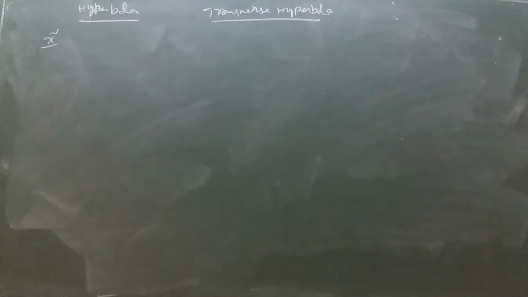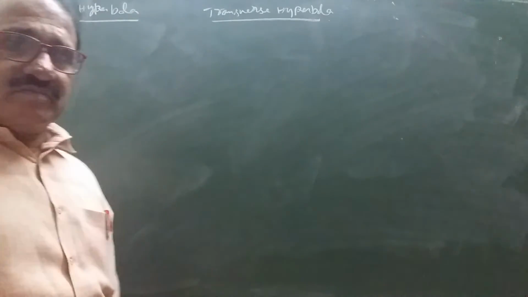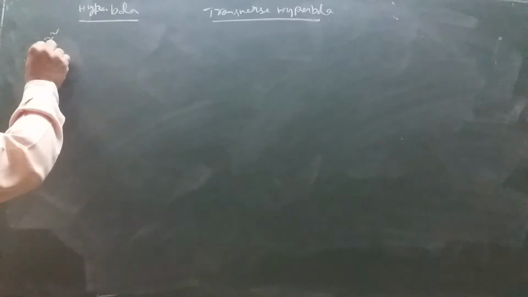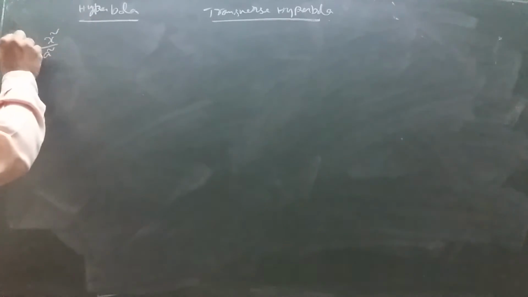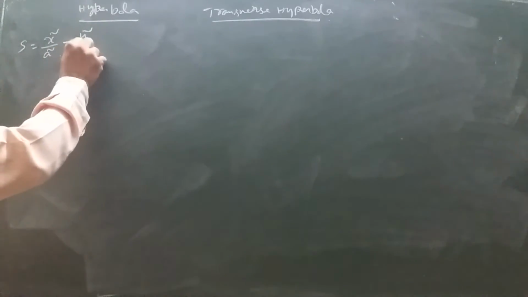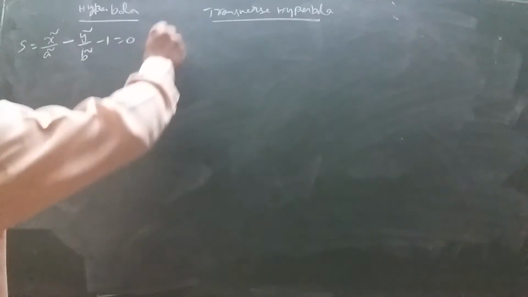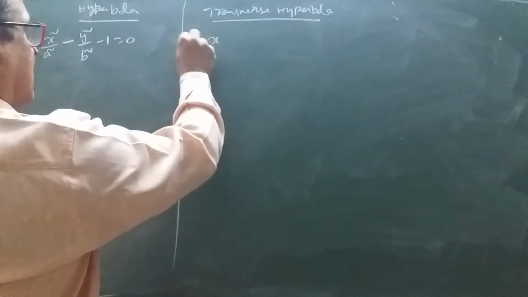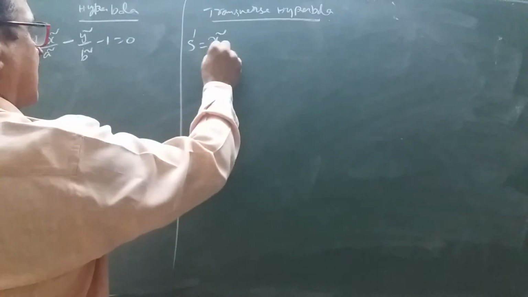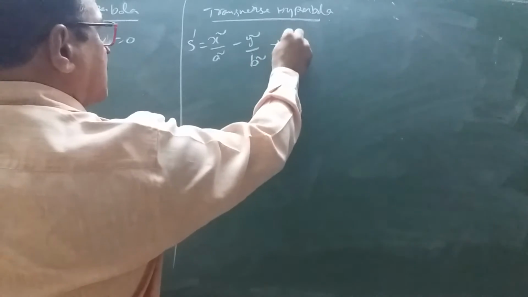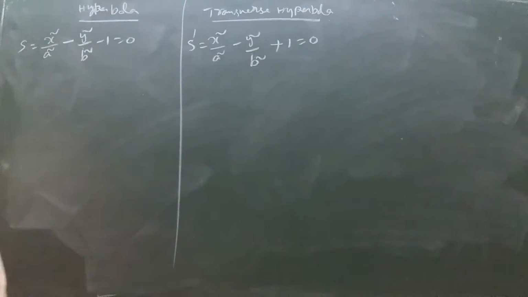Now we have to compare the hyperbola with the conjugate hyperbola. The equation of the hyperbola may be S is equal to x square by a square minus y square by b square minus 1 is equal to 0. Then the conjugate hyperbola may be S dash is equal to x square by a square minus y square by b square plus 1 is equal to 0.